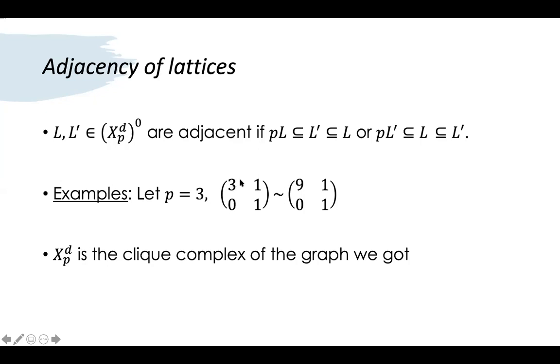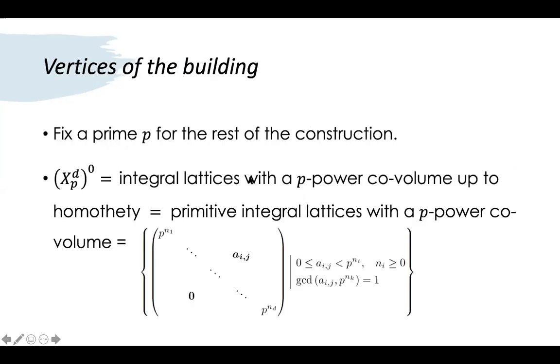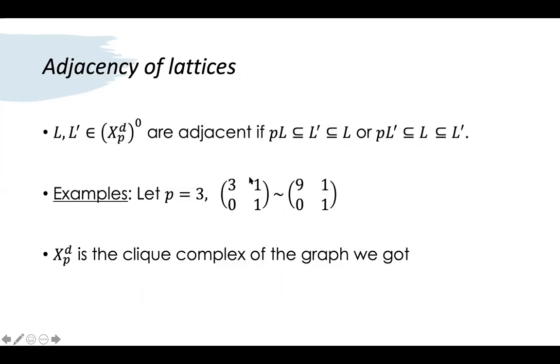Second of all, the determinant of both matrices is a power of 3. The left one has determinant 3, the right one has determinant 9. So these matrices satisfy the condition from the previous slide.